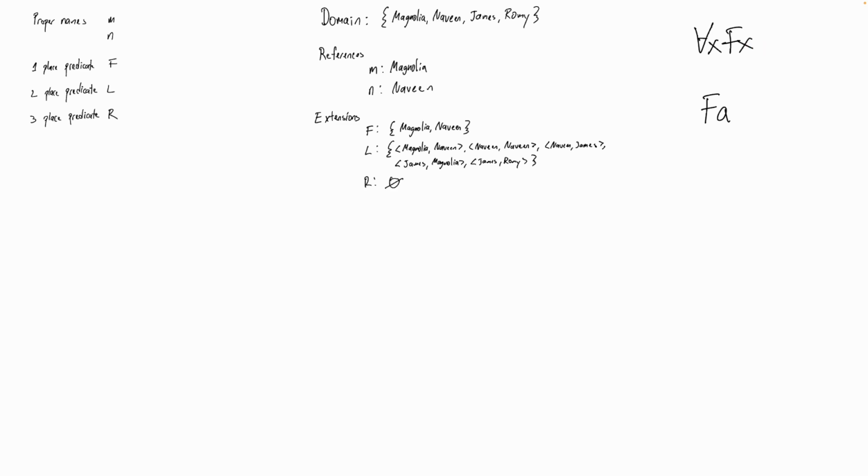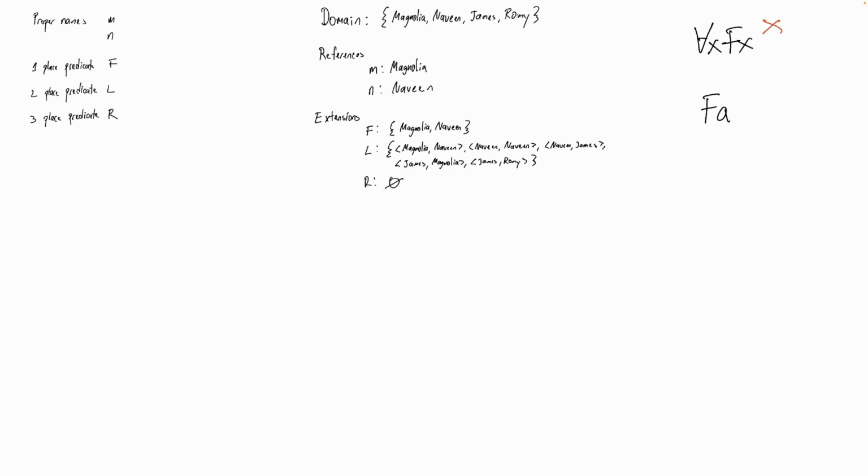But if there's some way of specifying a referent for A that would make Fa false, then for all x Fx is false. Now, since in this case, Fa would be false if we chose either James or Romy as the referent for A, then for all x Fx is false on this valuation.